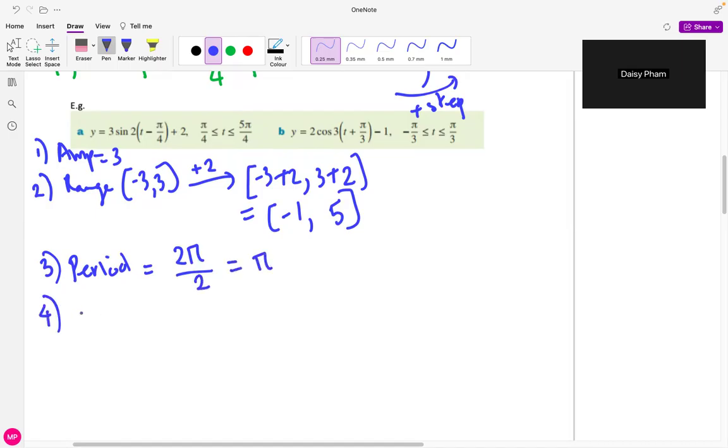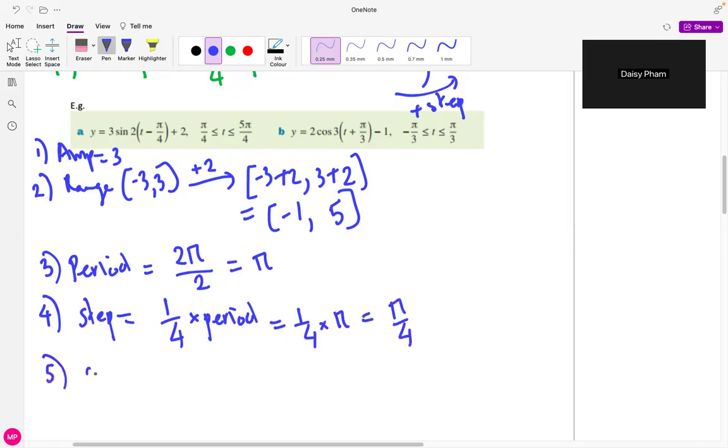Then I have the step. So every step goes by a quarter of the period. So one step is a quarter times the period, which is a quarter times pi, is pi over 4. So for the original points on the graph, I start with 0. And because the step is pi over 4, I add pi over 4 each time.